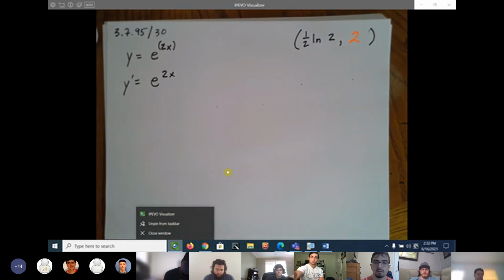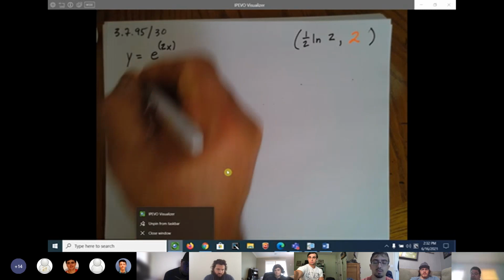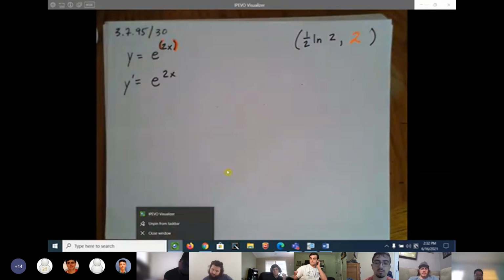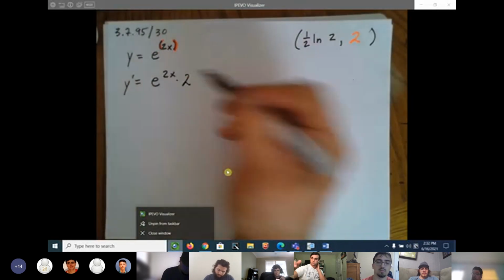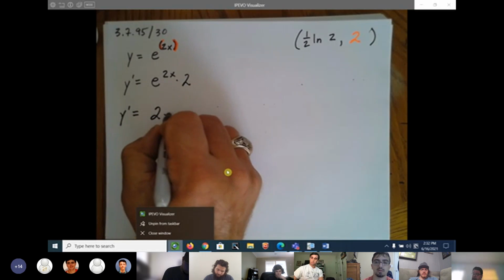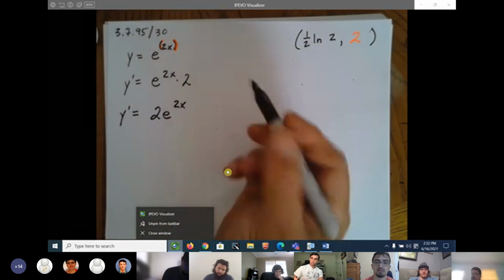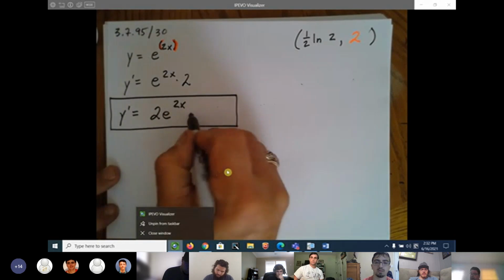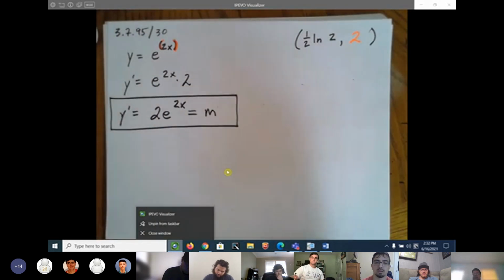Using the chain rule. Good job. What's the derivative of what's inside? 2. So y prime is equal to 2e to the 2x. And that is the same thing as the equation for the what? Slope. Okay, now I'm going to let you do everything else because calculus is done.